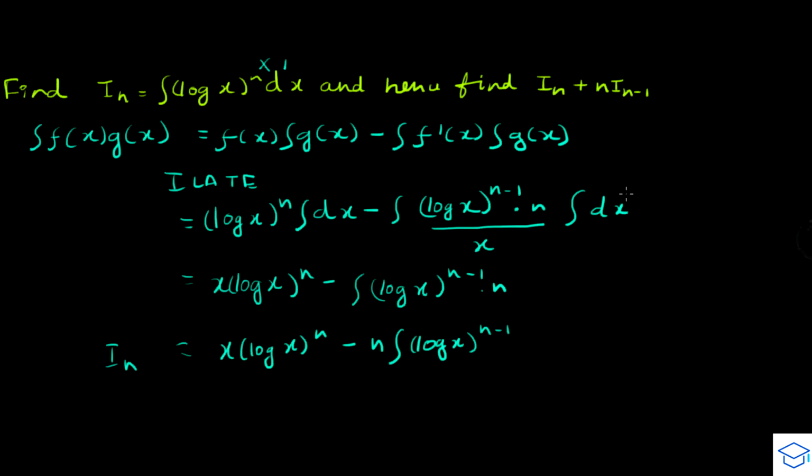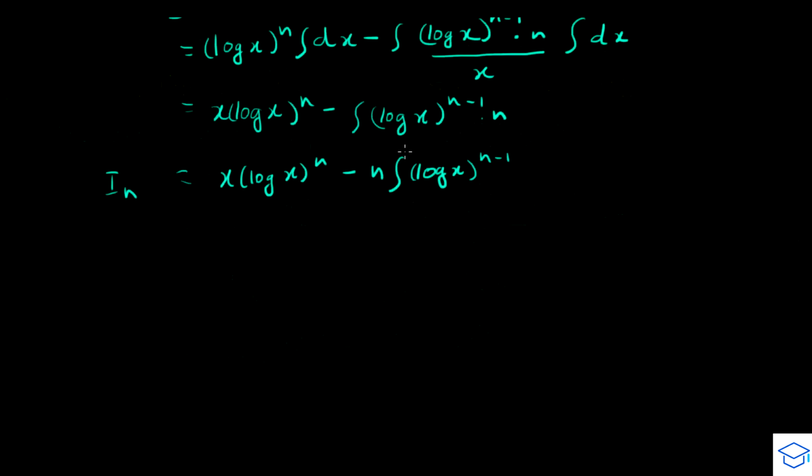So now this thing over here is actually n into In minus 1. Sorry for this, I'll just use the eraser right now. And this is just In minus 1 over here.